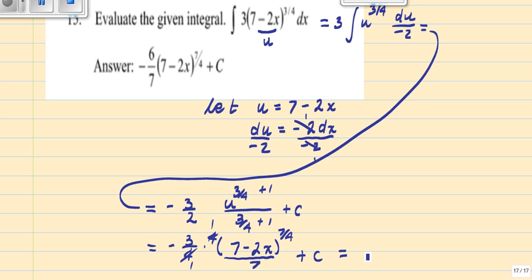Actually, this is half, so this is 2, so it's going to be a minus 6 over 7, 7 minus 2x to the power of 7/4, and then plus c.